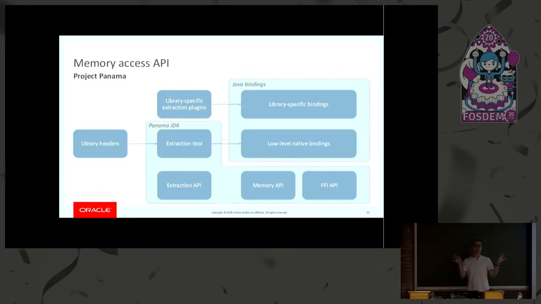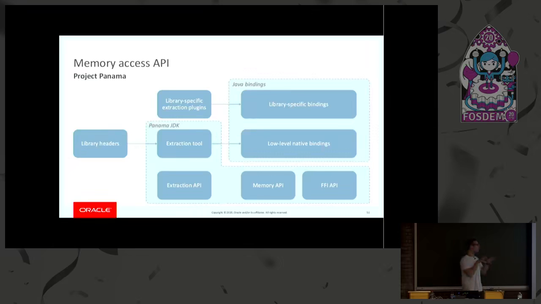We only needed two pieces. One is the memory access API piece, which gives you a bunch of variables for accessing the memory, for example, struct fields at particular offset and things like that. The second bit is a foreign function API bit, which we are probably going to deliver in 15 also as an incubating API, which allows you to map foreign functions as method handles.